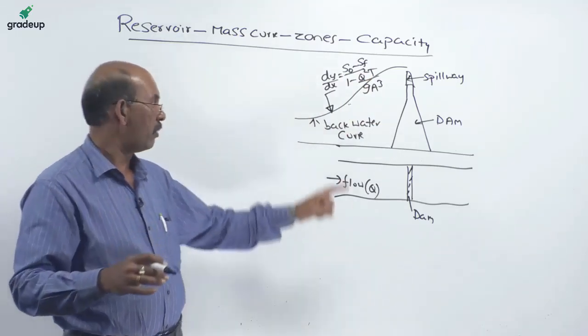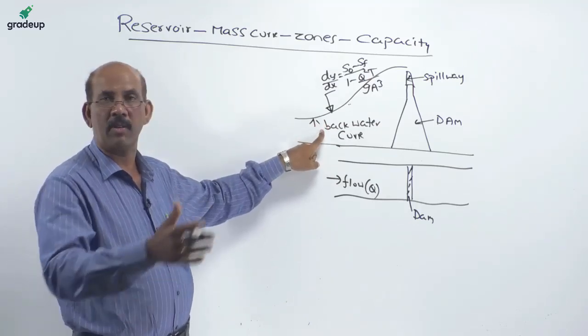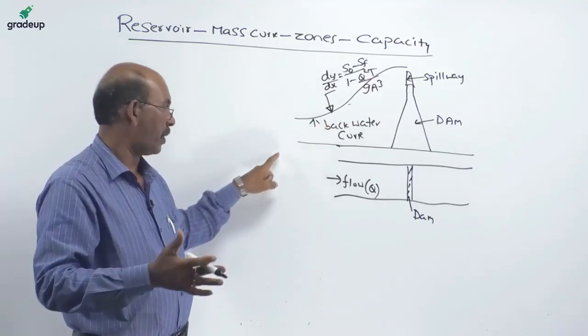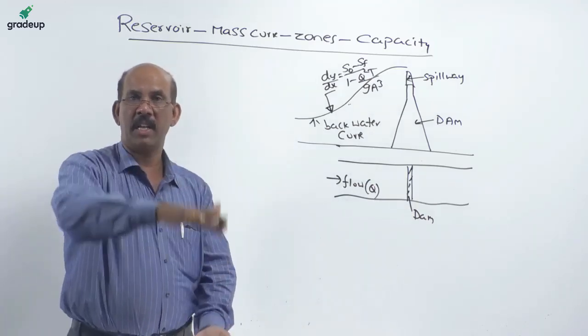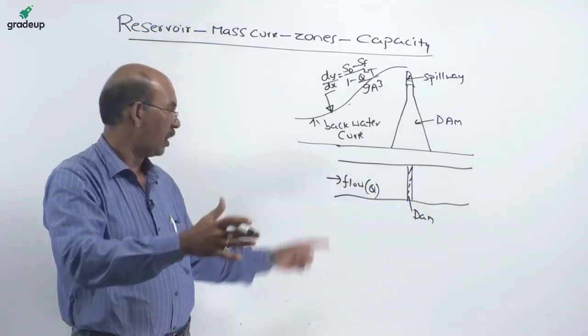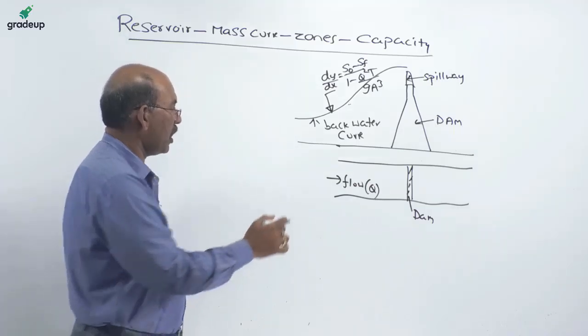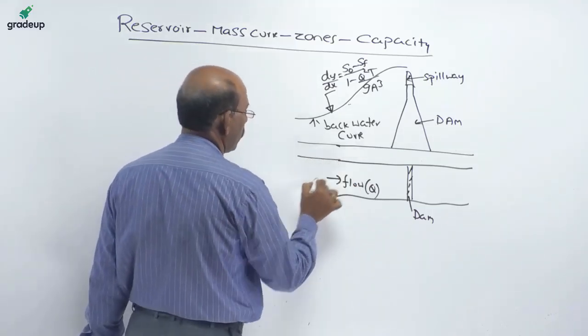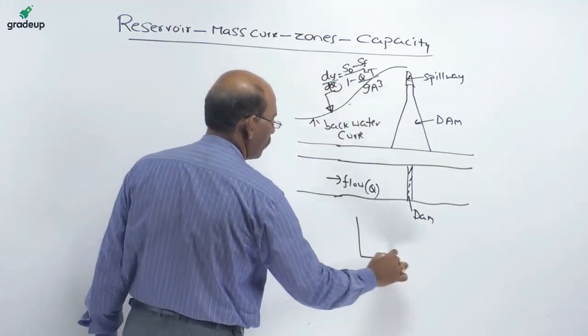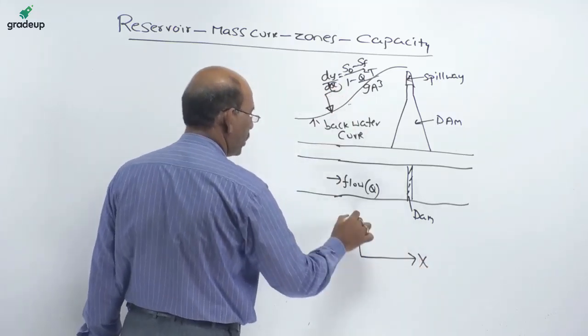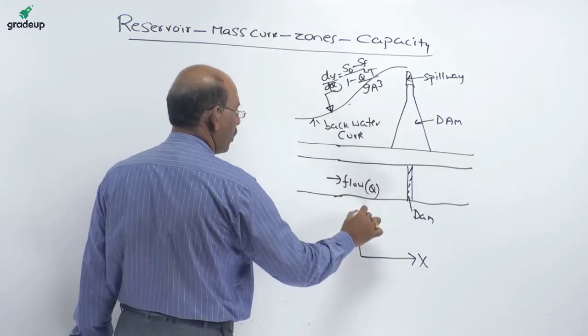This curve we call a backwater curve, as the relationship between the distance, that is the length of the river, and the depth of flow. The direction of the river is x, and the depth of flow in the river is y.